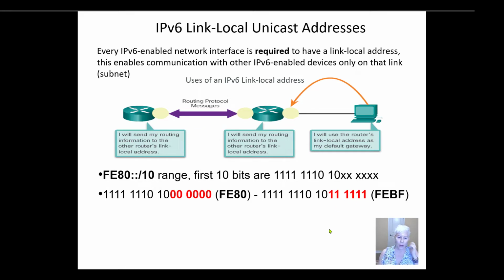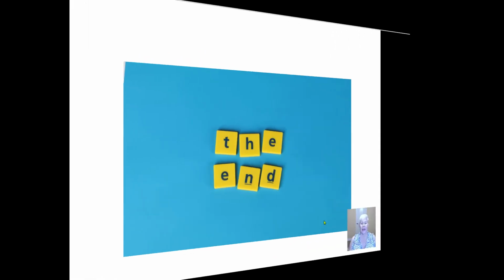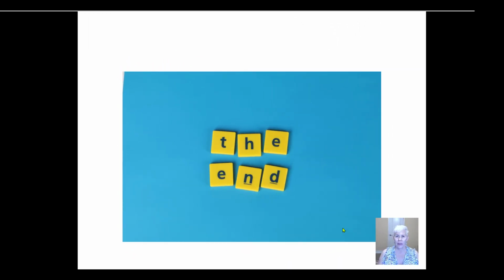That is our full range. Here's our last graphic. FE80, right? And then the remaining bits are just automatically generated, and then same goes with the interface ID. It can be automatically or manually configured. That's the end of this IPv6 review.